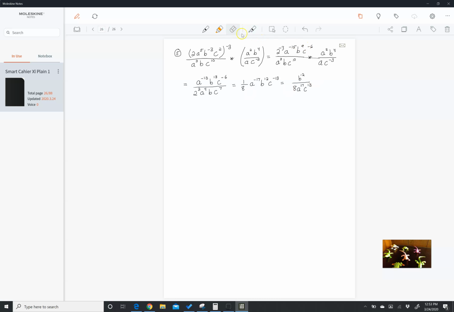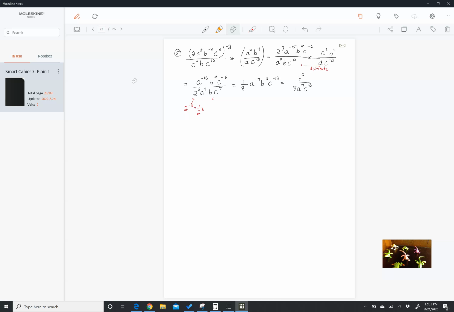Okay, so let's put in some notes here. So this part was just distributing. Okay. This came from 2 to the negative 3 is equal to 1 over 2 cubed. Okay.